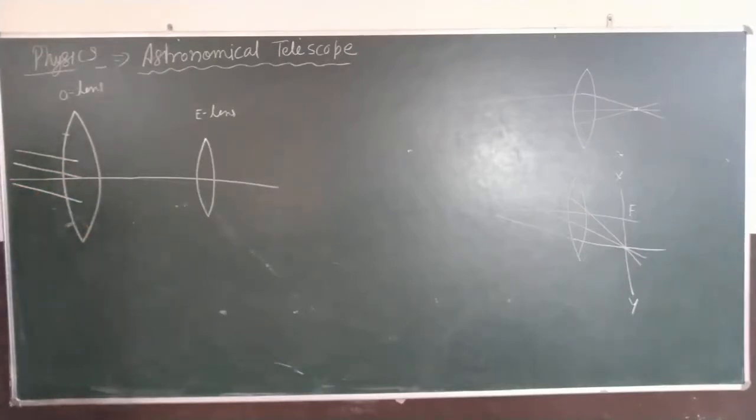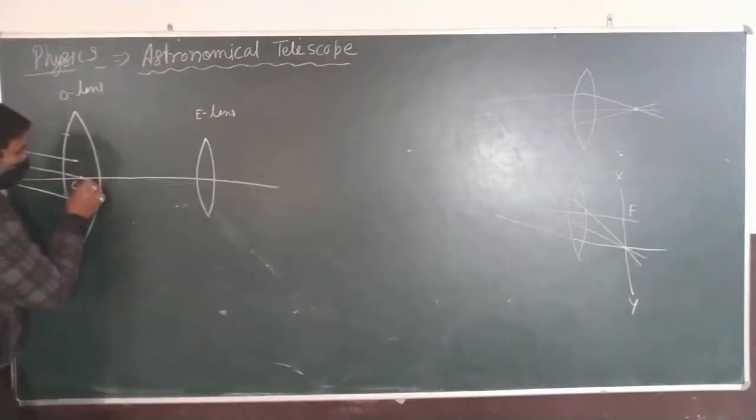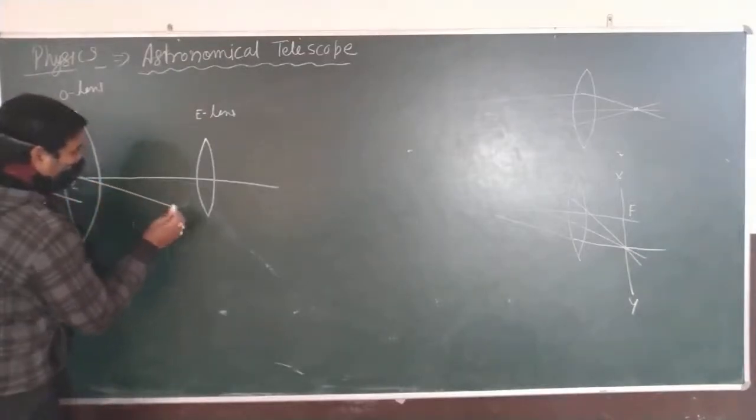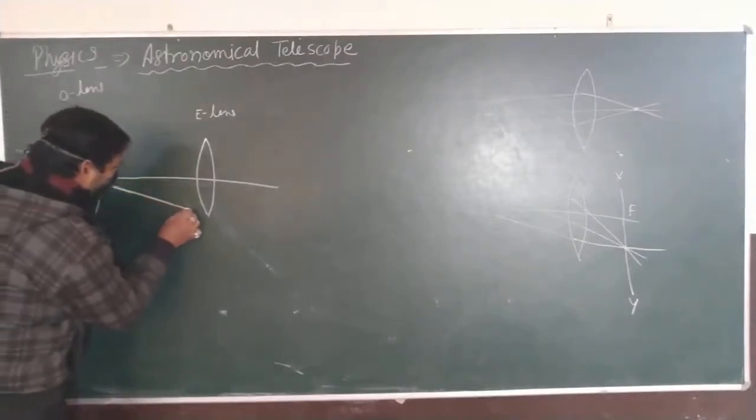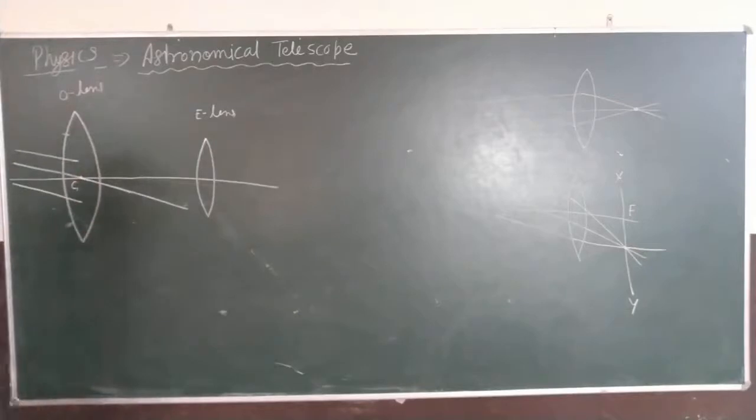Let's say we have these three rays, in which one ray is traveling through the optical center of the objective lens. So it will move without deviation. Clear?